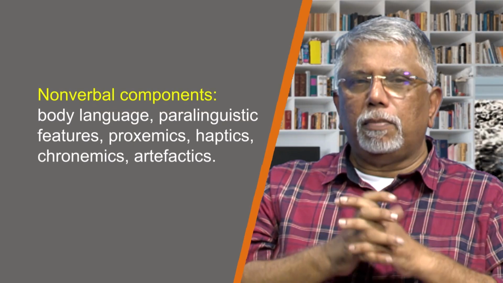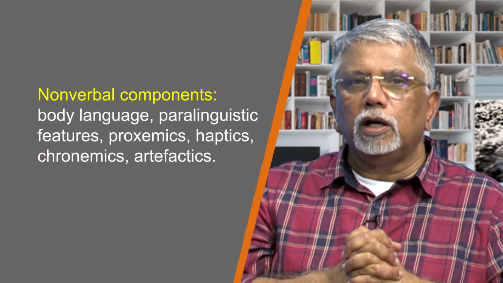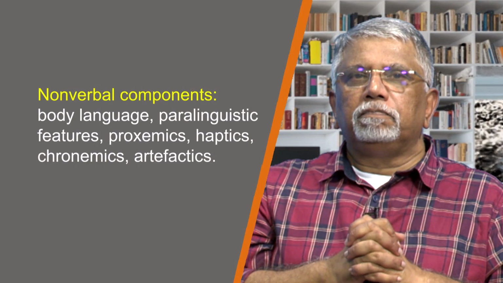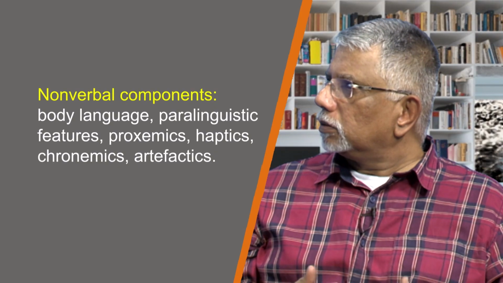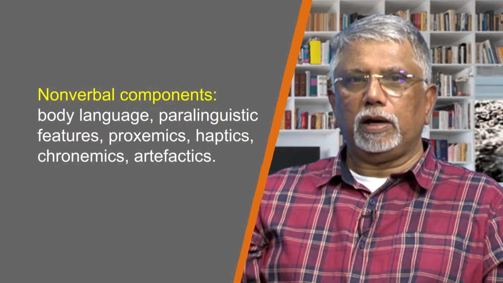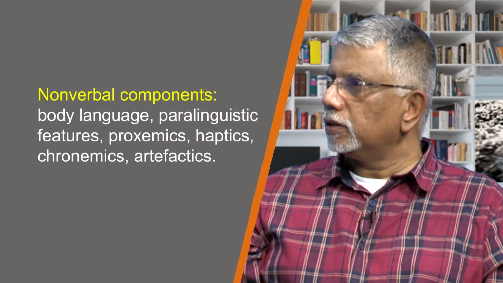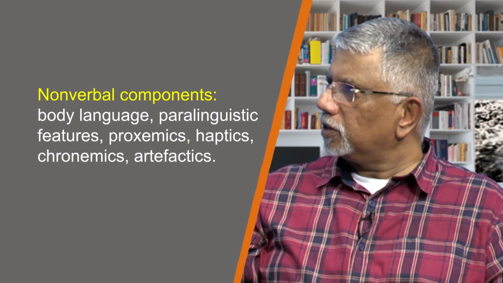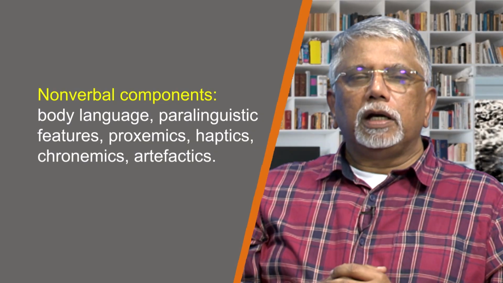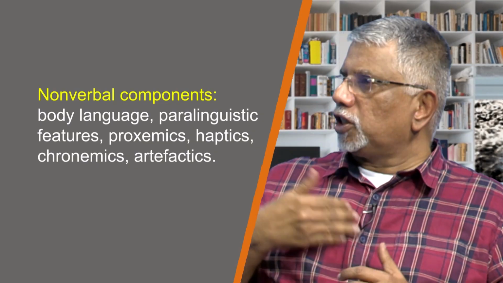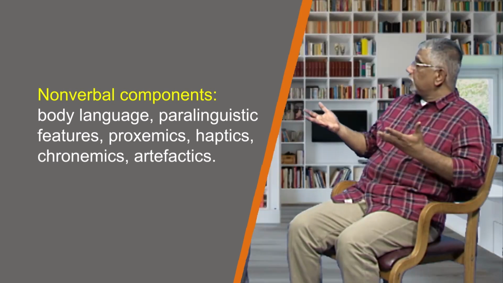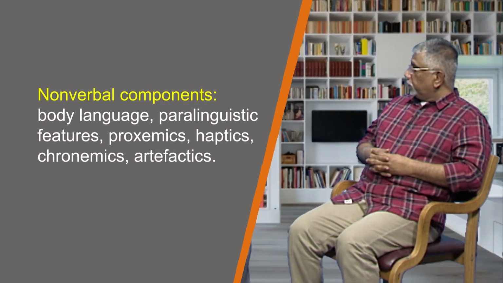And a few examples of non-verbal components would be body language, the way one stands, the way one sits, the way one moves, right? Gestures, right? It could be the distance between two people, proxemics, as Edward Hall called it.